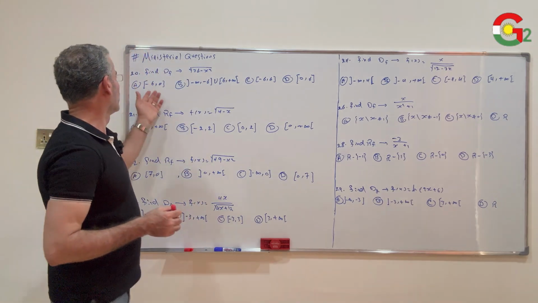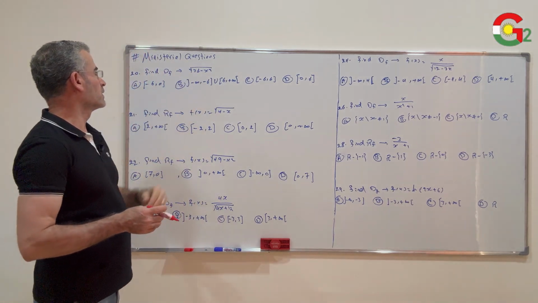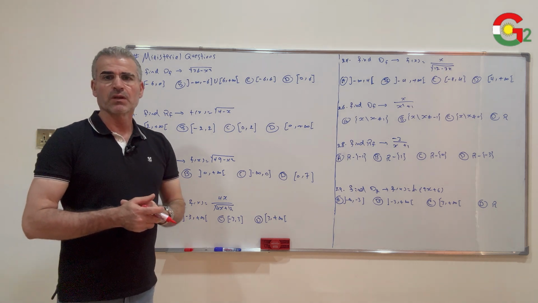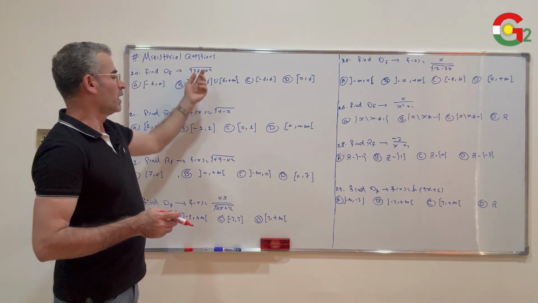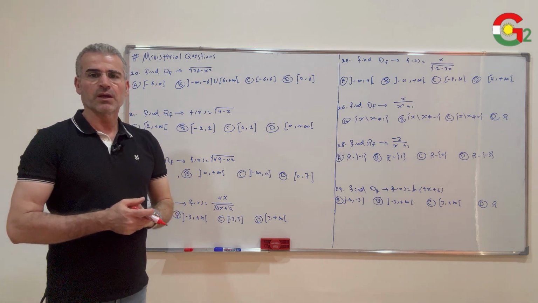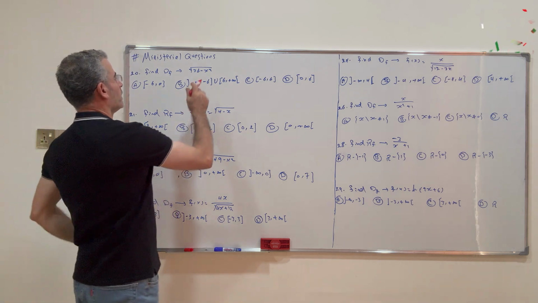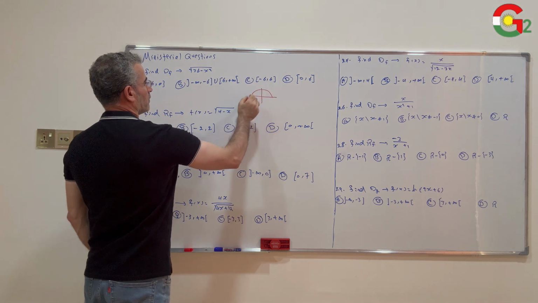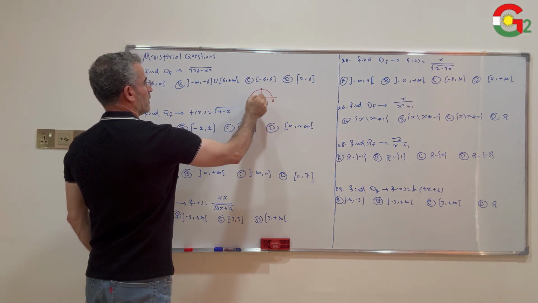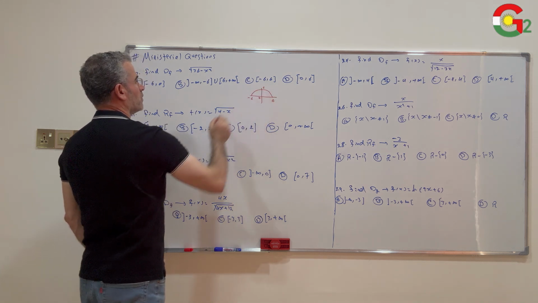Question number 20. Find the domain of the function square root of 36 minus x power 2, a constant minus x power 2. Then the graph of this function is a half circle from negative 6 to 6, the domain, and the range from 0 to 6.